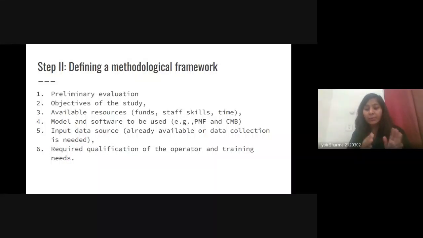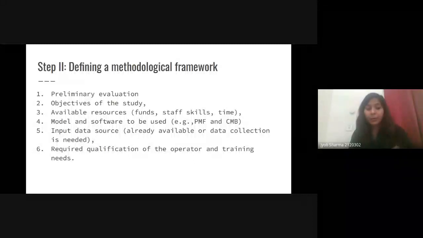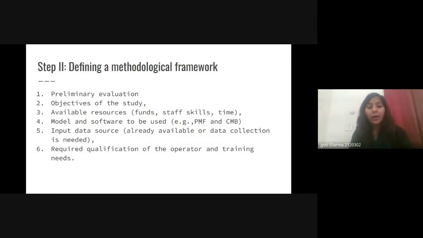So based on the fund you have, you will decide what type of study you want to do, what should be your objective, and then what models or software you need to buy from that budget. And for that particular objective, what should be the models. So such kind of information you must have while defining your methodological framework.